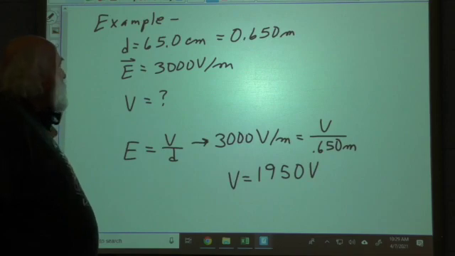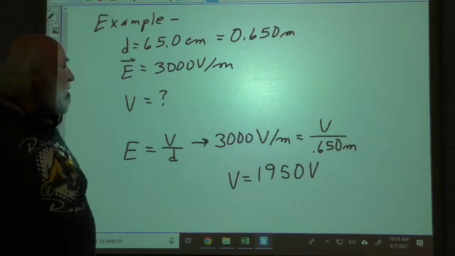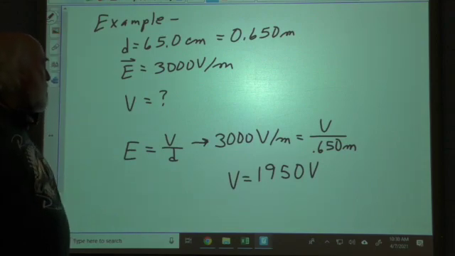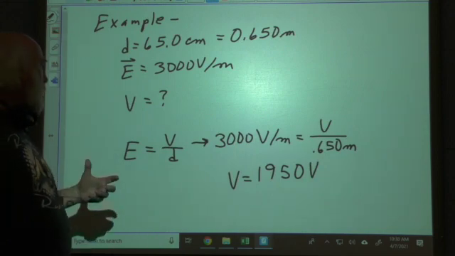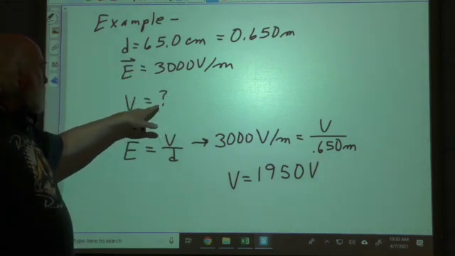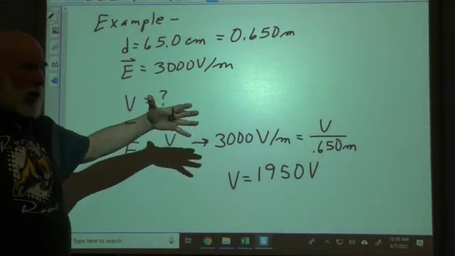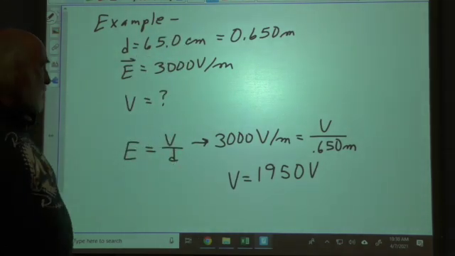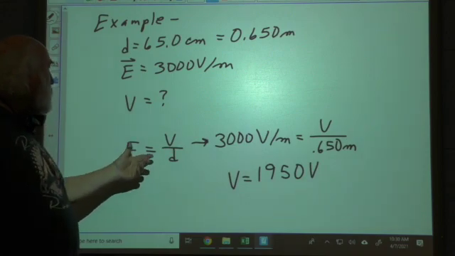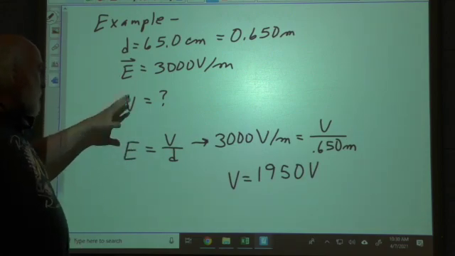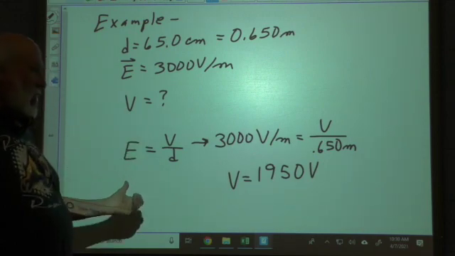The next one, we're given a distance of a charge that is 65.0 centimeters away from the electric force strength. And so the question is, what is the voltage when it's 65 centimeters away from one of the plates of our electric field? So the formula for this is, I could put the vector sign there, but we understand that this is not energy.